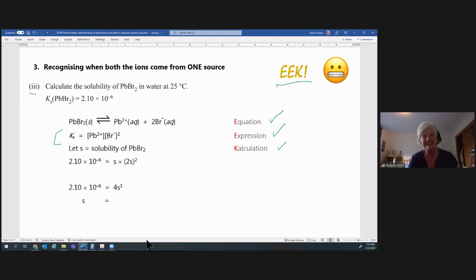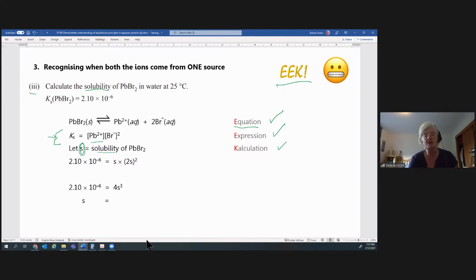So always at least start with an expression if you had previously given the equation. Otherwise, make sure you write the equation first, then the expression. Then if you're going to be using any shortcut, like solubility, tell us what your X or Y or S or whatever is.